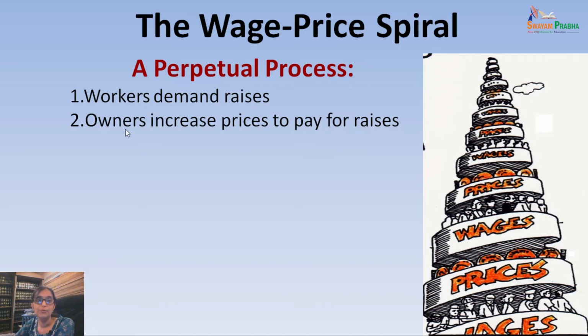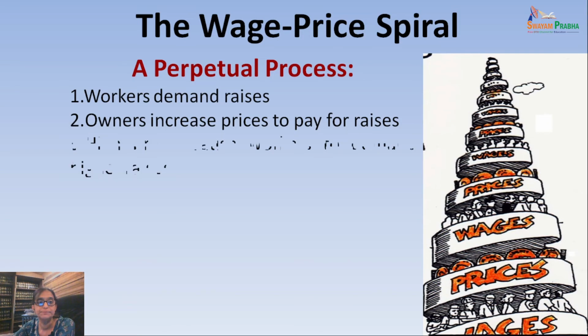That is, if employers want to pay higher wages because workers demand them, they will pass on this cost to the consumers in the form of increased prices of whatever goods and services they are offering. So it has started with workers demanding a raise, and the owners will pass on this cost to the customers by way of increased market price of whatever they are producing.